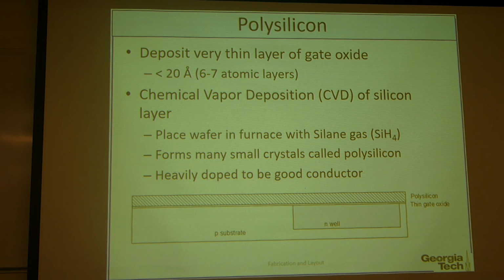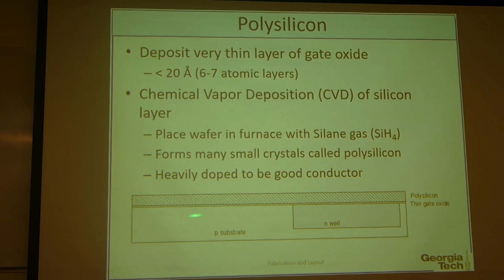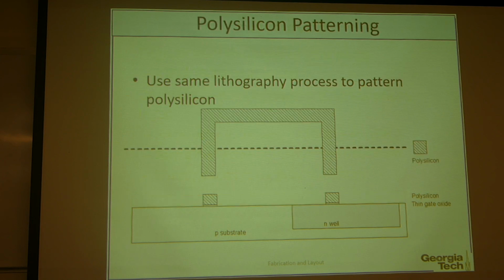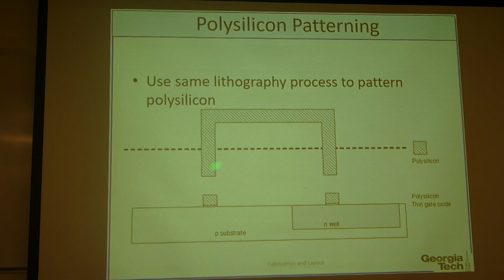Because the gate is supposed to have a high conductivity like metal, we need to dope the gate as heavily as possible so that it can be a good conductor. And then we have another mask here to make a gate like this.